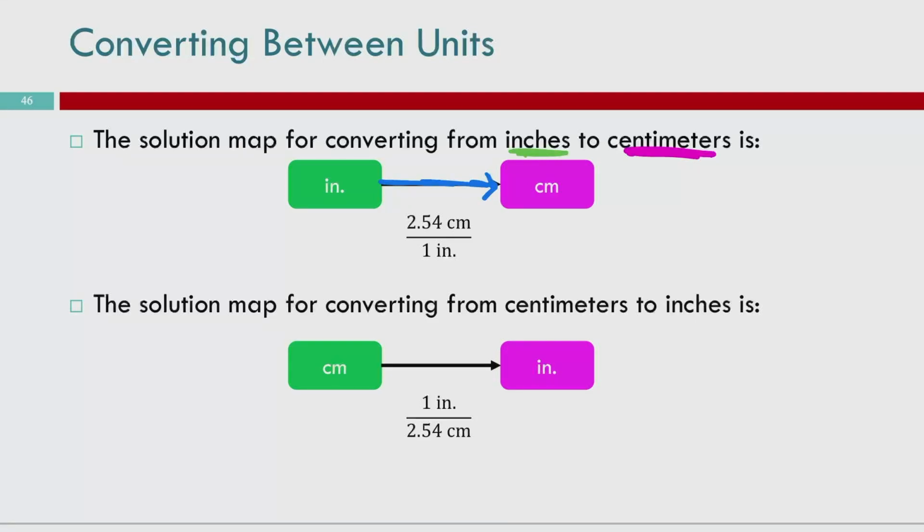So we would set that up, and then we would either know or go find our conversion factor and set that below. So this tells us we're going to take the number of inches that we got, multiply it by 2.54 centimeters over 1 inch, and that'll give us out centimeters. The opposite direction is shown below with centimeters to inches.